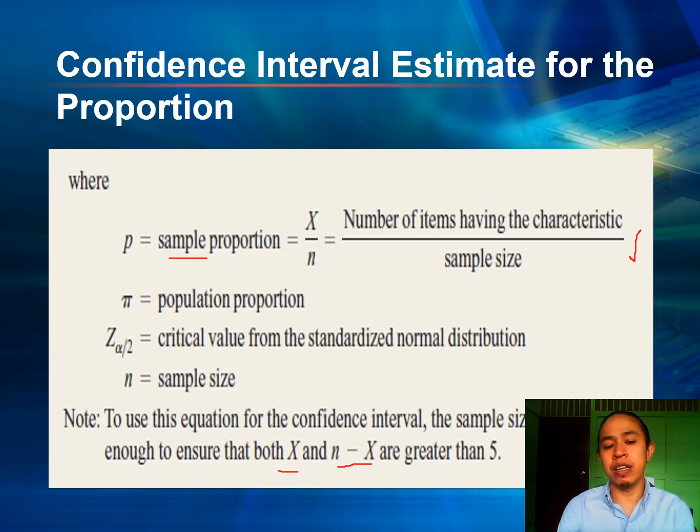Okay? Remember that one. It should be that x and n minus x is greater than 5. If your x and n minus x is less than 5, then we cannot proceed in the derivation or the calculation of your confidence interval estimate for the proportion.